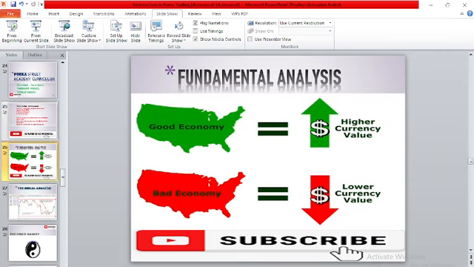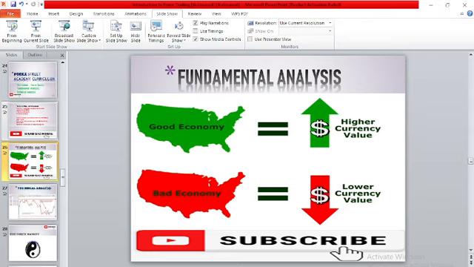And then looking at the screen over here, you see fundamental analysis, and on the left you could see a diagram that says good economy equals higher currency value, and bad economy equals lower currency value. So what does it tell you?